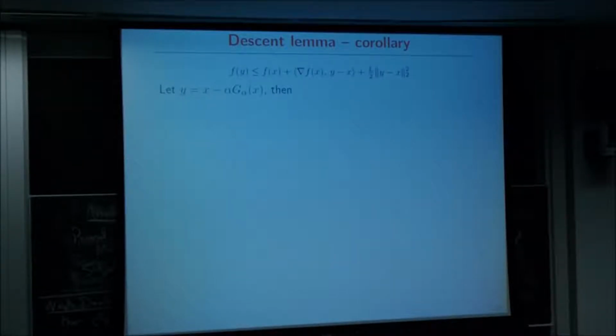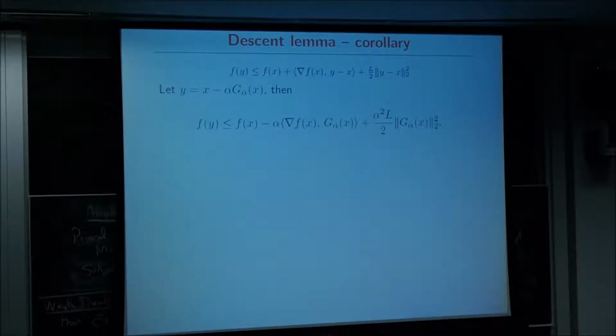So let's try to see what happens after we made one proximal gradient step. What does the objective function look like? So you just plug in that y into this little inequality there. We get this upper bound, fine. So far so good.